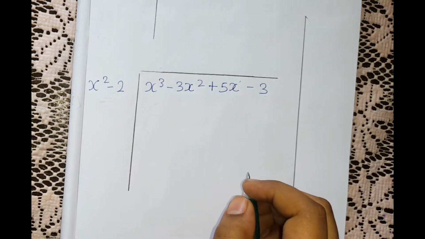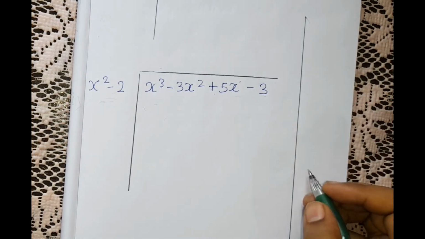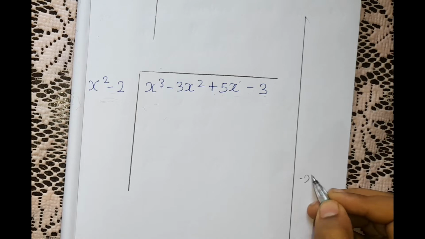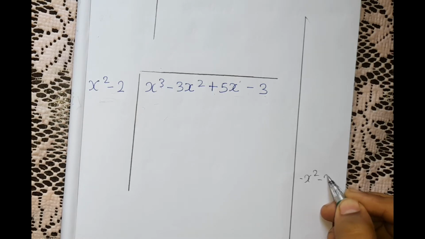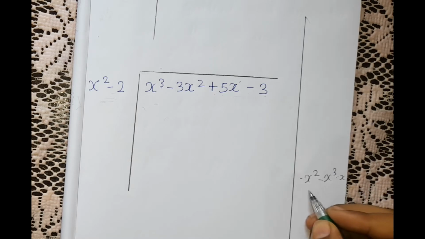But in a few questions, they might give, for example, let me write it here, minus x square at first and minus x cube and then minus x. As you can see, it is not in the proper form.